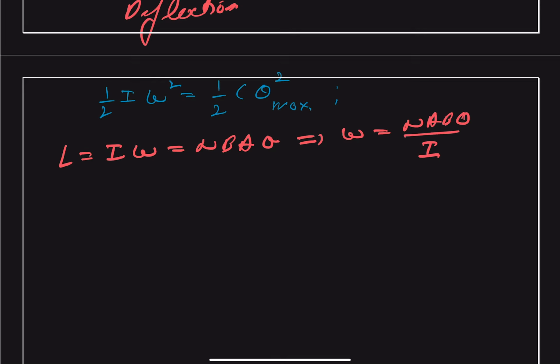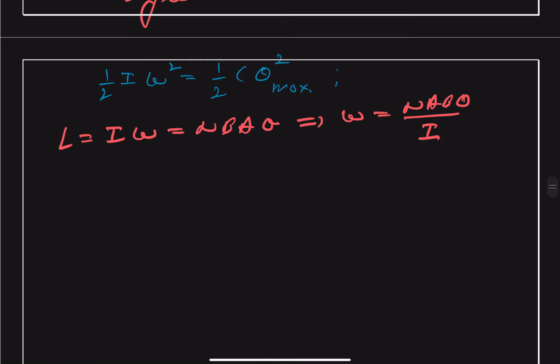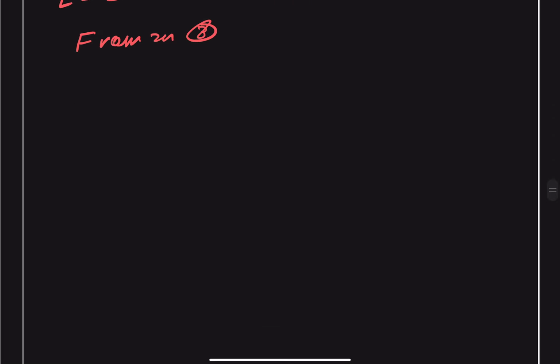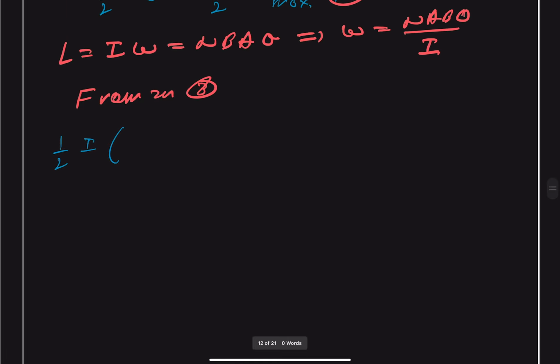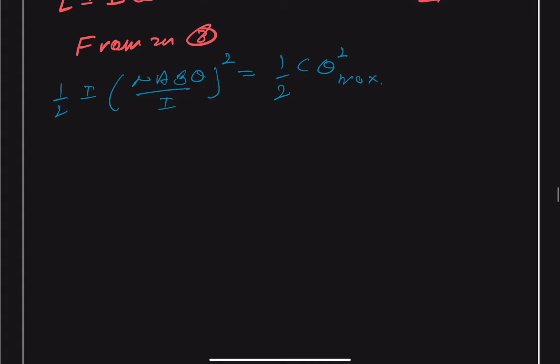We can substitute this value of omega, let us call this equation number 3. From equation 3 we can write half I times NABQ over I, whole square, is equal to half C theta square at maximum.